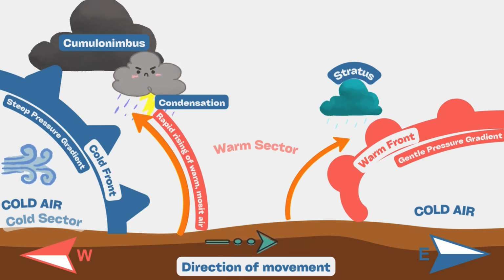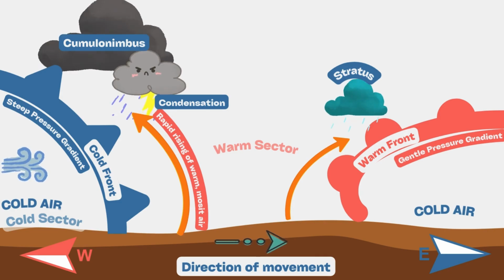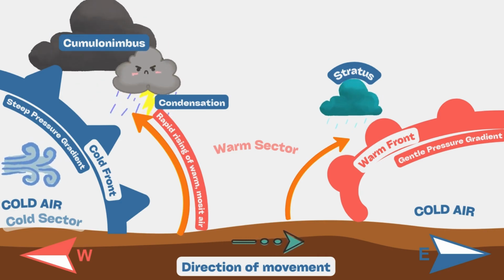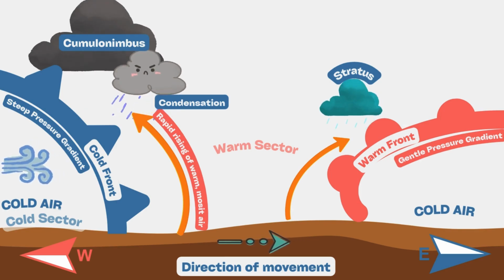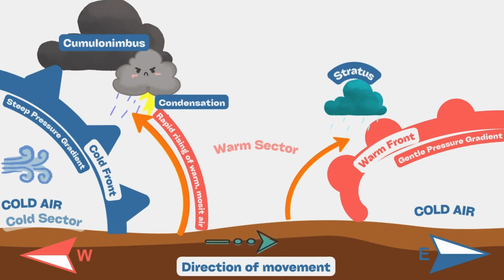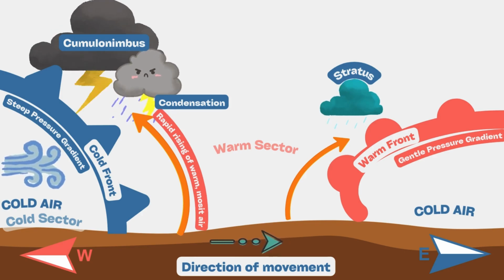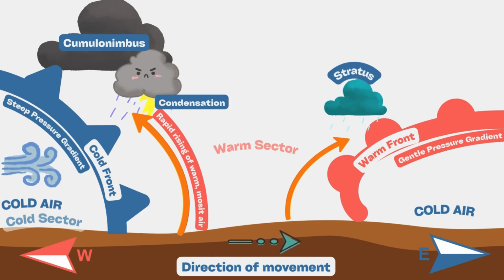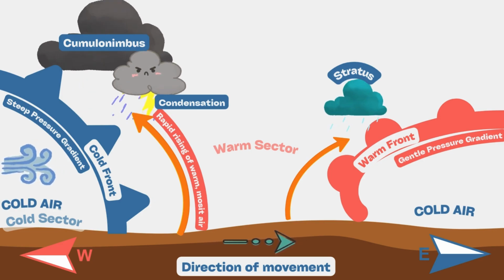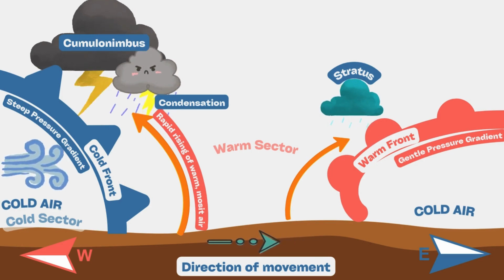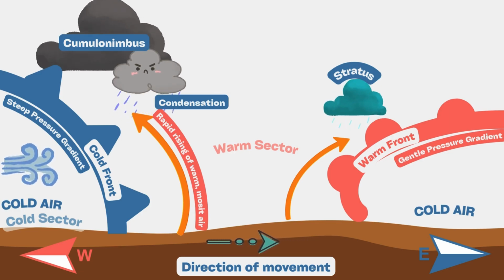That's the general direction. Then let us put our focus on the cold front first, on the left of the screen. So the cold front is located at the leading edge of the cold air mass, where the cold air advances and displaces the warm air in the warm sector, as you can see in the diagram.